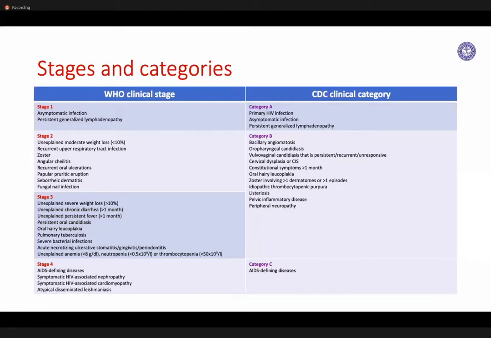For example, if you ask me what are the common manifestations of HIV infection in Sri Lanka, I think from stage 2, weight loss, recurrent respiratory infections, angular cheilitis, seborrheic dermatitis, fungal infections, they are common. But papular pruritic eruption is not very common, although it is seen. And in stage 3, I think just about all these things are commonly seen.